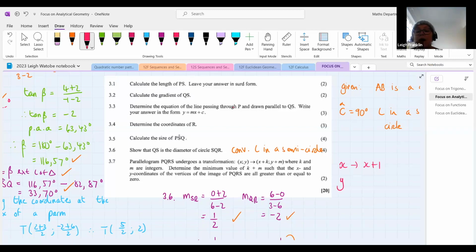In terms of Y, it would have to be, sorry, not X plus 2, it would have to be Y plus 2, and that would move the parallelogram up. Okay, so that means that K would be equal to 1, M would be equal to 2, and therefore K plus M would be 1 plus 2, which would give us 3. All right.